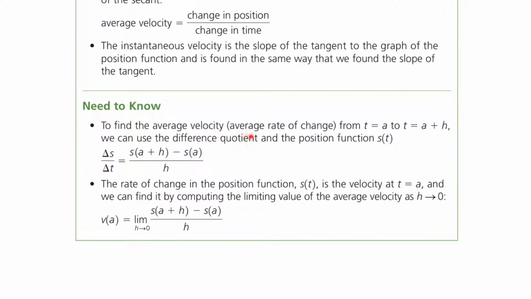To find the average velocity, or average rate of change, from t to t plus h, we can use the difference quotient and the position function. Average velocity is delta s over delta t, s at a plus h minus s at a divided by h.